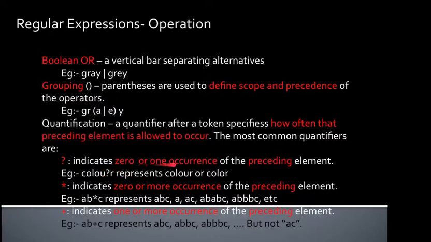So 0 or 1 occurrence of u. That's indicated by this quantifier called question mark. Hence, colou?r represents 0 occurrence of u or 1 occurrence of u.